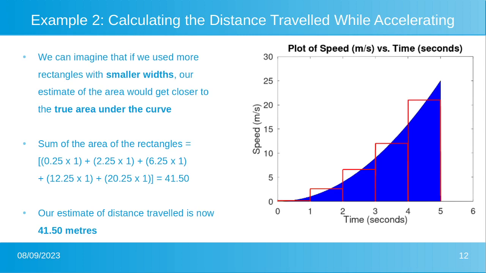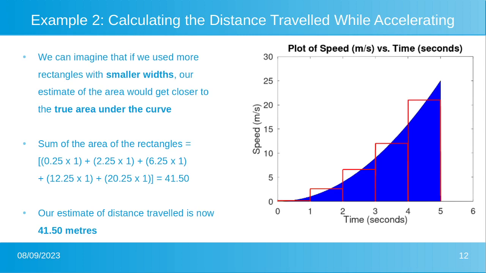So we started to do that here on the plot on the right hand side. Now we're using a larger number of rectangles. In this case, we're using 5 rectangles with a width of 1 unit, 1 second each. So we want to calculate the sum of the area of these rectangles. We do this in the same way that we did before. This time we get 0.25, the height of the first rectangle, multiplied by 1 unit, its width, plus 2.25, the height of the second rectangle, multiplied by 1, its width, and so on for the other rectangles.